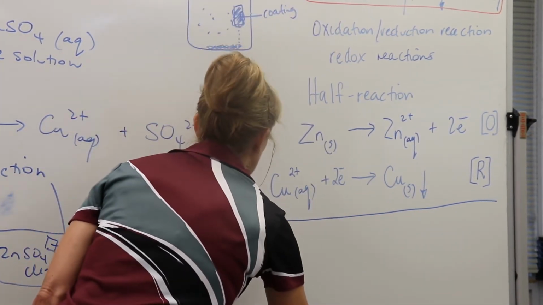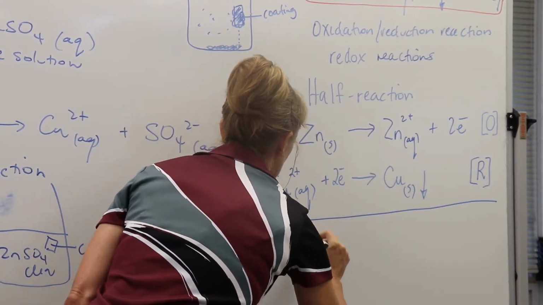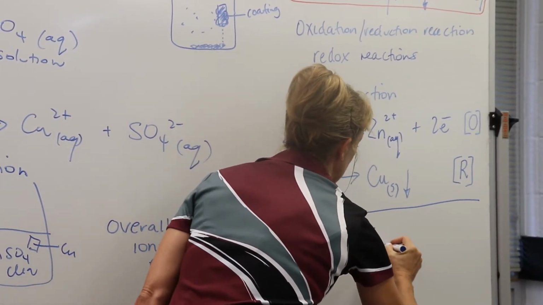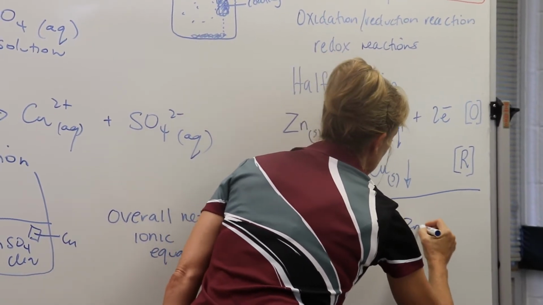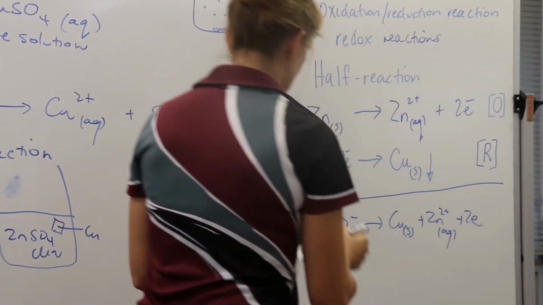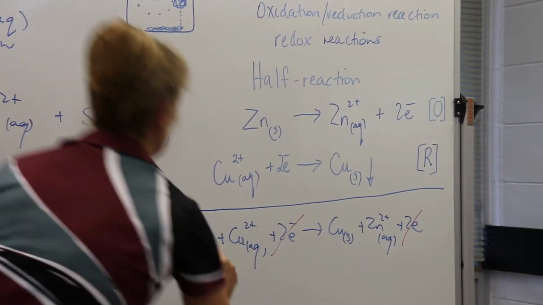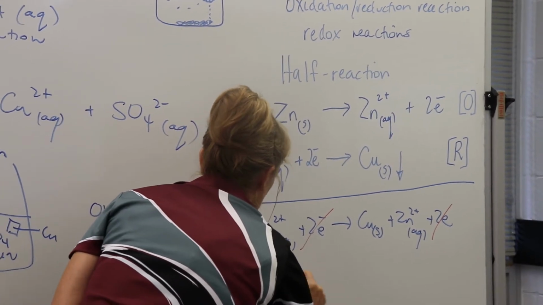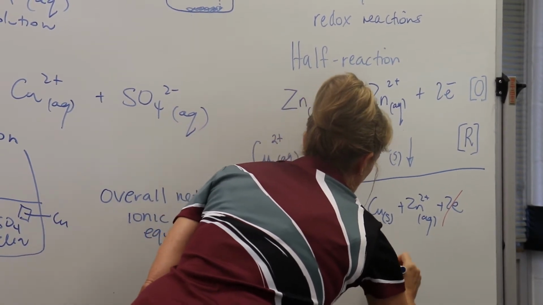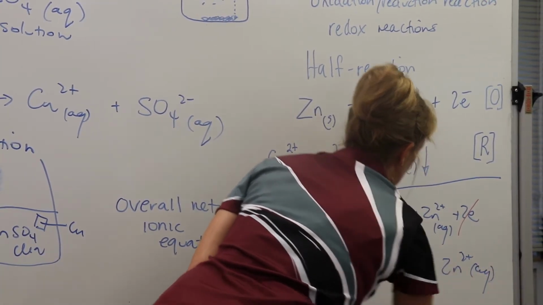So you get zinc solid plus copper 2 plus aqueous plus 2 electrons going to copper solid plus zinc 2 plus aqueous plus 2 electrons, and the 2 electrons can cancel, so the net ionic equation becomes zinc plus copper 2 plus aqueous goes to copper solid plus zinc 2 plus aqueous.